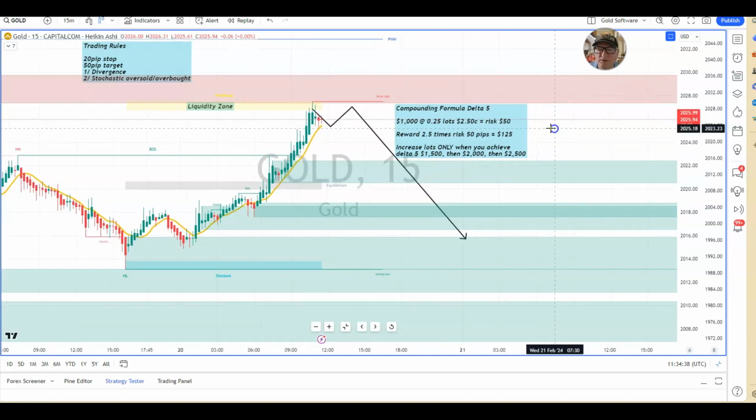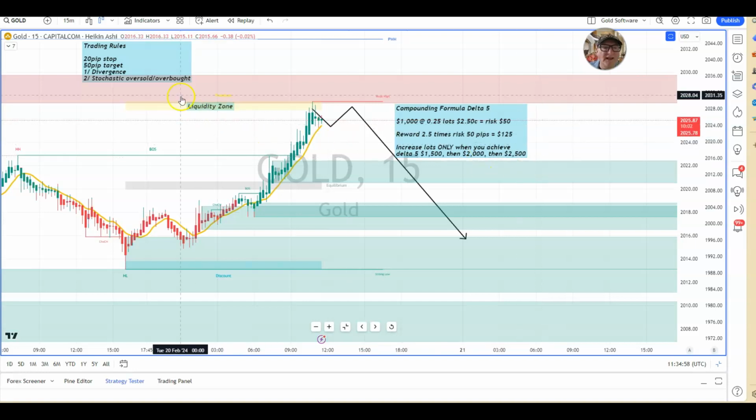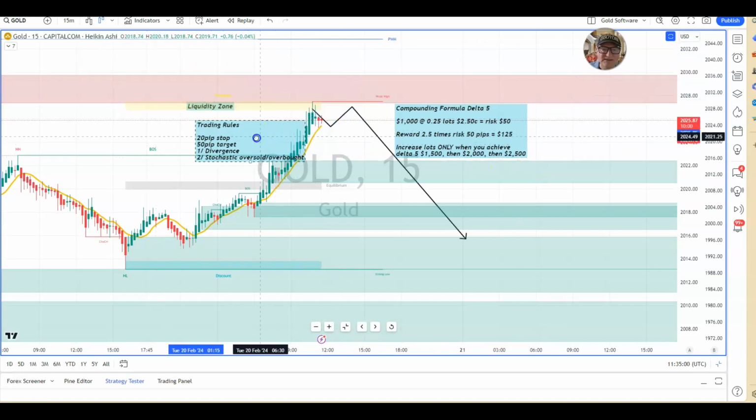The Delta 5 also accounts for once you get to $1,500, then you cannot increase the lot size until you achieve $2,000 and then $2,500. Makes sense? Keeps it all nice and steady. It's the trading rule which makes sense, I hope, and hopefully that will make sense for you.